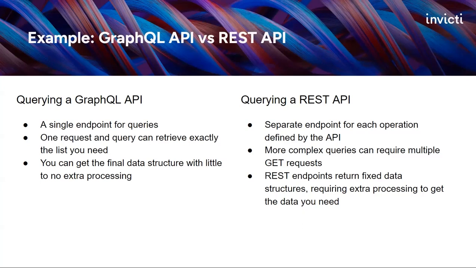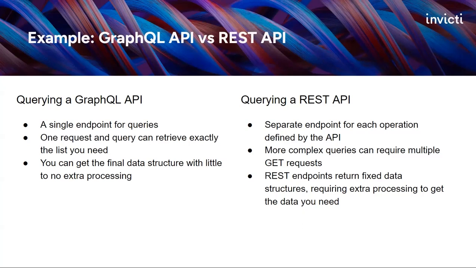And all of that is a little bit different in a REST API. First of all, you don't have just a single endpoint. You usually have multiple endpoints for different tasks. You also need to run multiple GET queries if the data you want to fetch is a little bit more complex. And another thing is that a REST API usually returns fixed data structures.